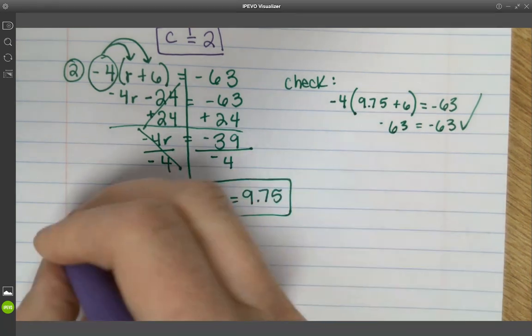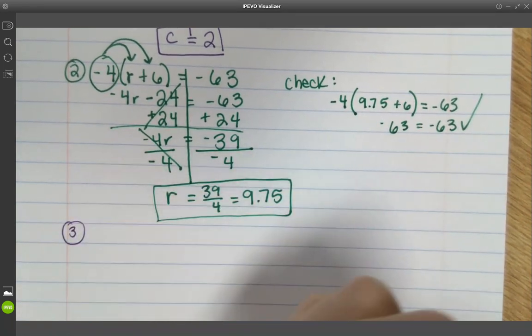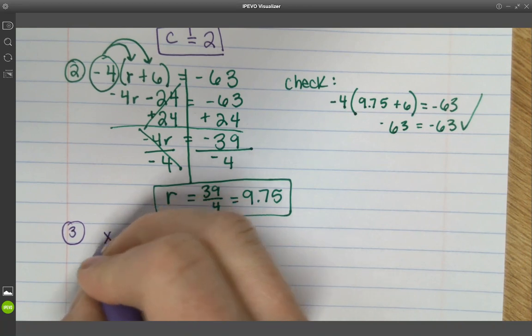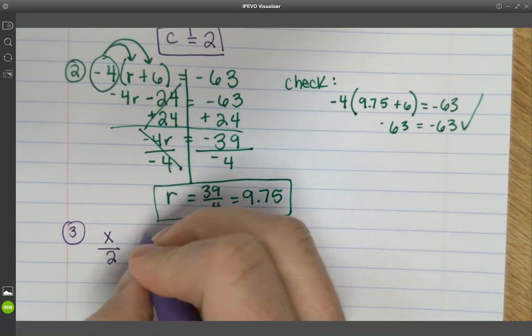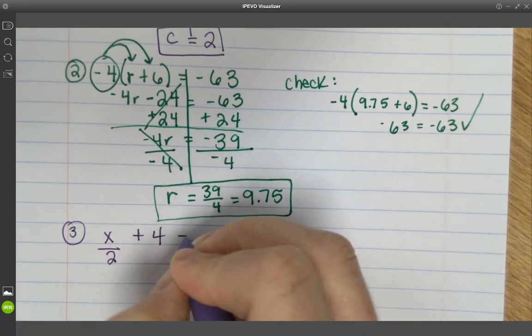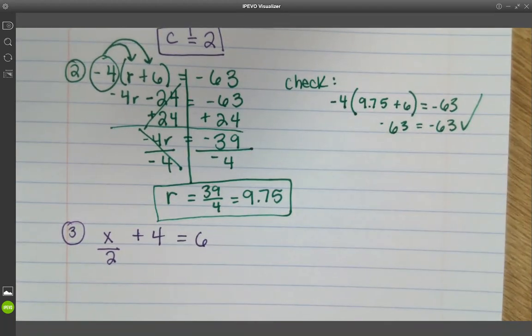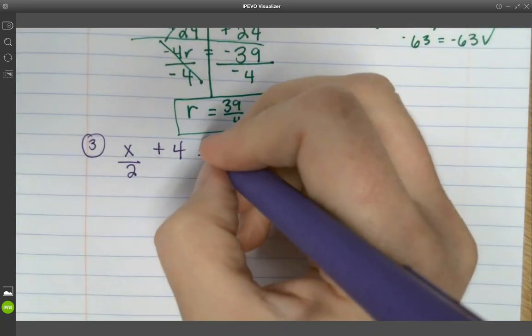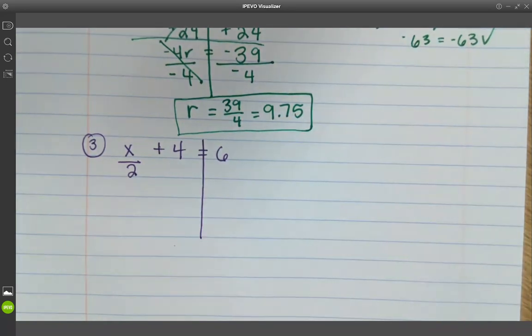Okay, let's go to example number 3. x over 2 plus 4 equals 6. Draw your line down your equal sign.